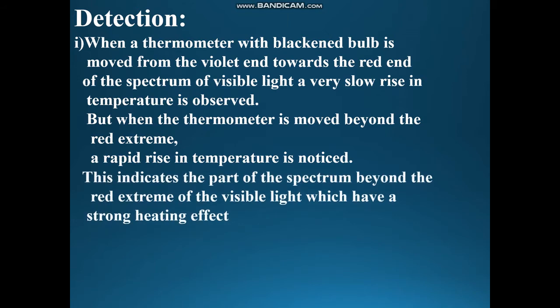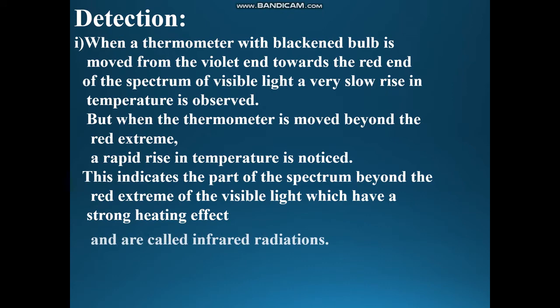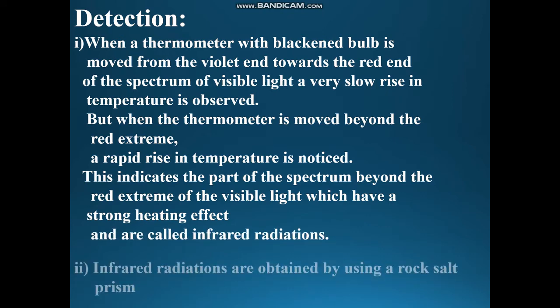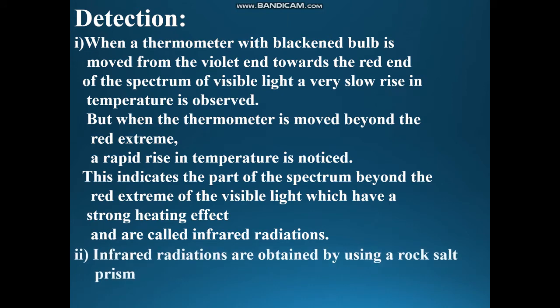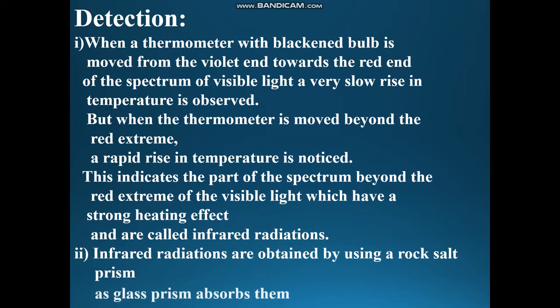This indicates the part of the spectrum beyond the red extreme of the visible light, which has a strong heating effect, and these are called infrared radiations. Infrared radiations are obtained by using a rock salt prism, and a glass prism, remember, will absorb them.